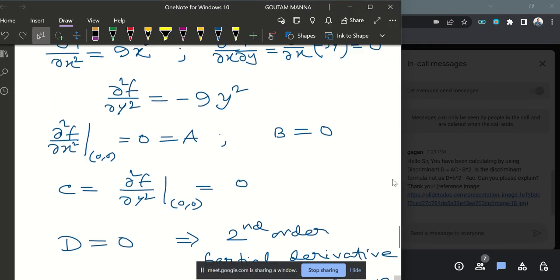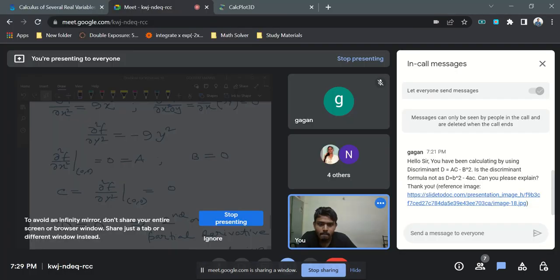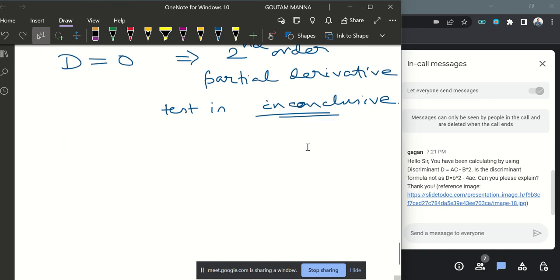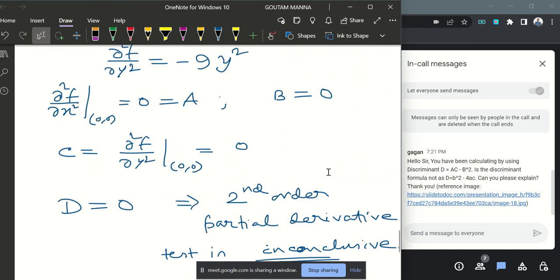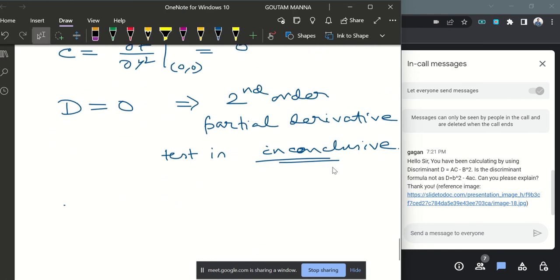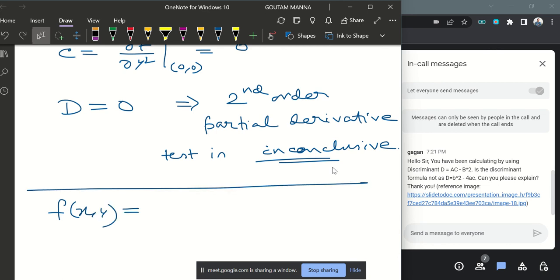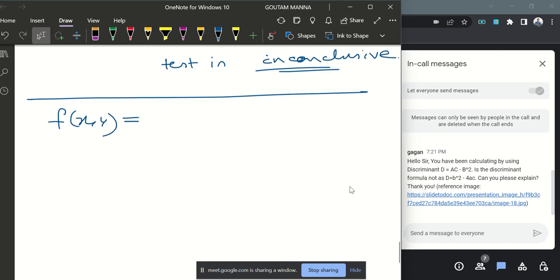That is, f of x y is given as x to the power 4 minus y to the power 4. It can be written as x square minus y square times x square plus y square.